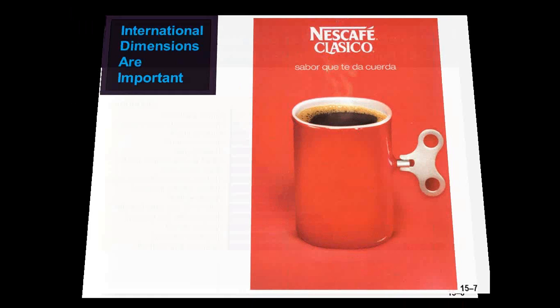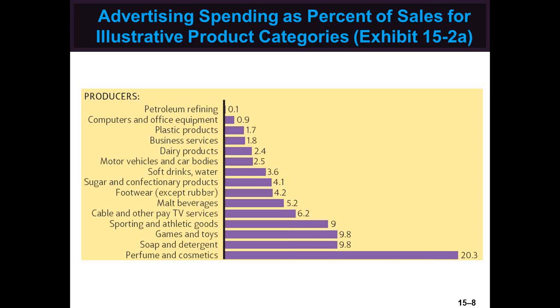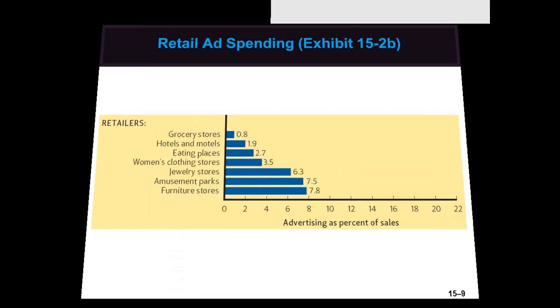However, as highlighted in the exhibit, the percentage spent on advertising by producers varies across product categories. Most advertisers aren't really spending that much. So this chart shows advertising expenditures as a percentage of sales for different types of retailers.